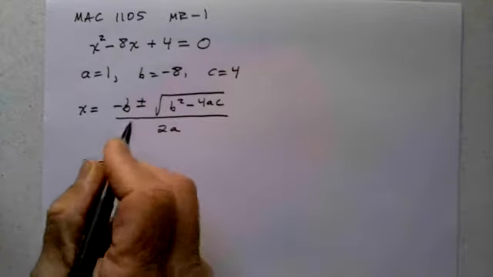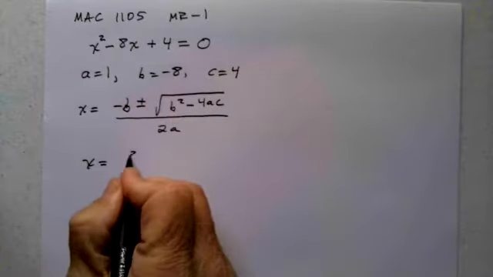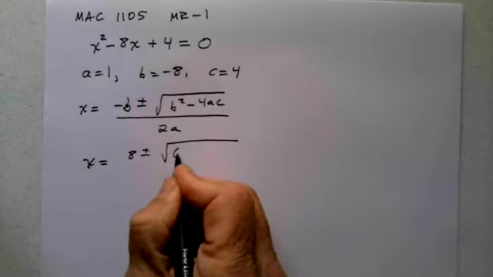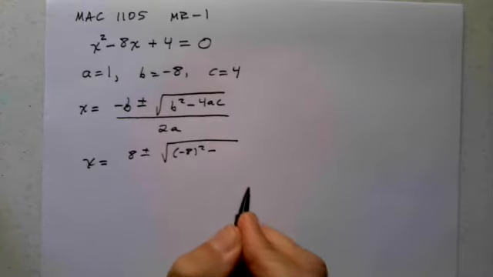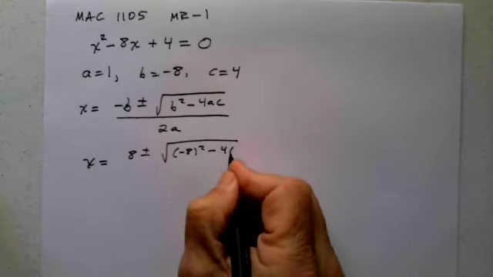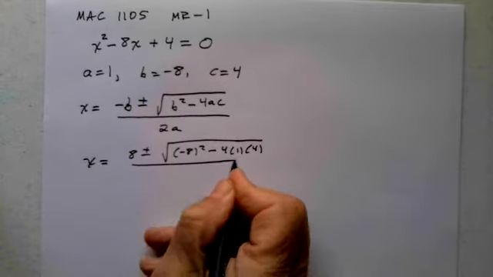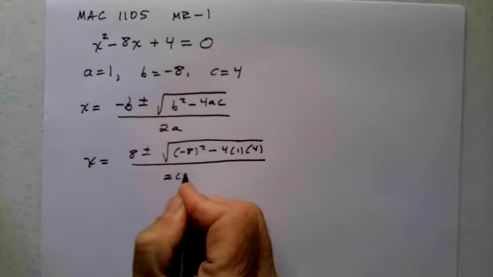So we get x equals -b, the negative of -8, which would be +8, plus or minus the square root of b squared, that's -8 squared, minus 4ac, 4 times 1 times 4, all divided by 2 times 1.